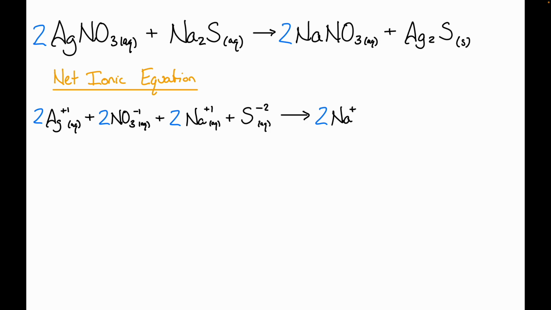Okay, break up my aqueous product into its 2 sodiums and 2 nitrates. And then my solid product, I'm just going to copy and paste. I'm not going to try to break it up or add charges or anything like that.